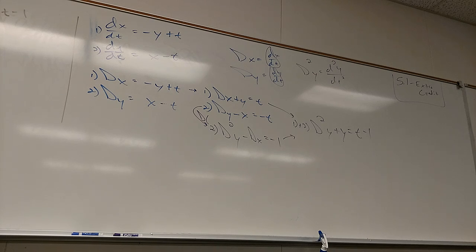Let me help you out a little bit. d squared y dt squared plus y equals 0. Yeah, you get m squared plus 1 equals 0. m equals plus or minus 1, i, right?